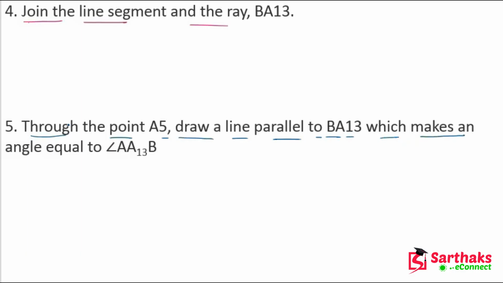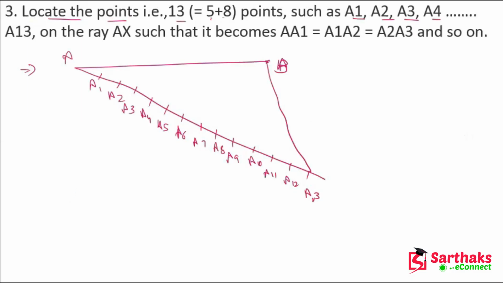This line makes an angle equal to angle A13B. It means from point A5, from this point we have to draw a line which is parallel to BA13.